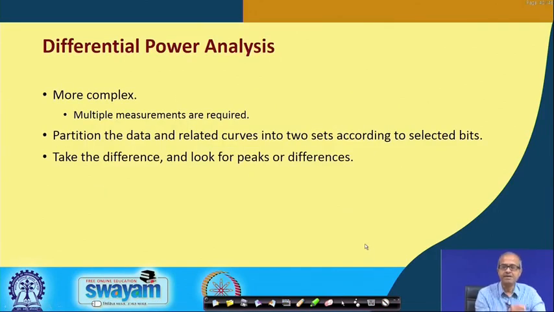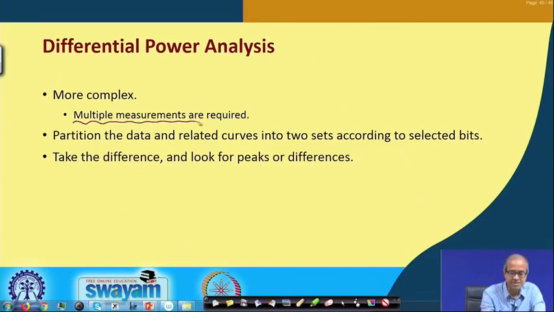But differential power analysis is much more sophisticated, but also mathematically more complex. I am just trying to give you the basic concept of how it works. Here we need to make multiple measurements. In simple power analysis we are making only one measurement, and by visually inspecting we are directly able to say the key.